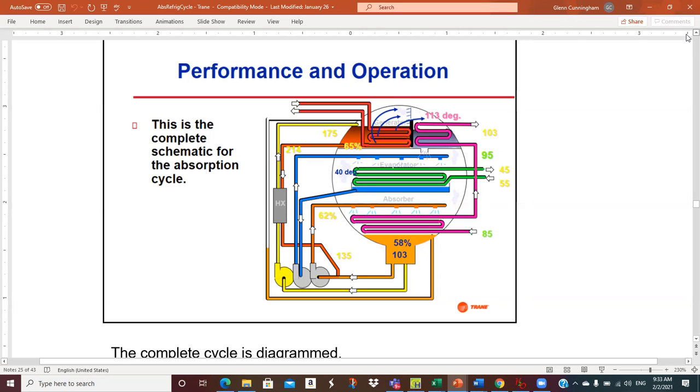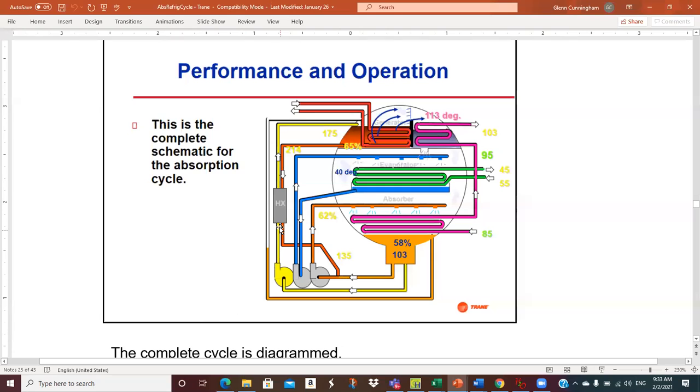You've got seals trying to maintain the vacuum and the appropriate pressures, and when we start allowing air to leak in, that's going to be detrimental to the performance of the machine.